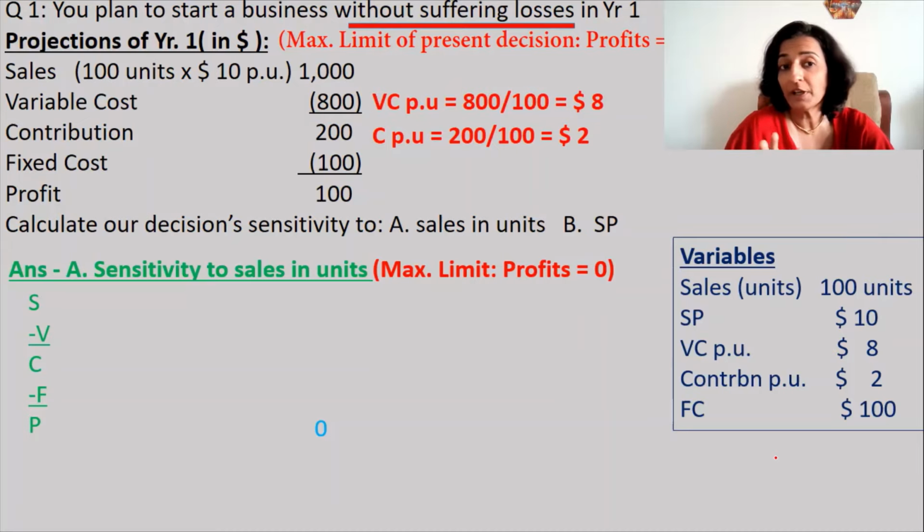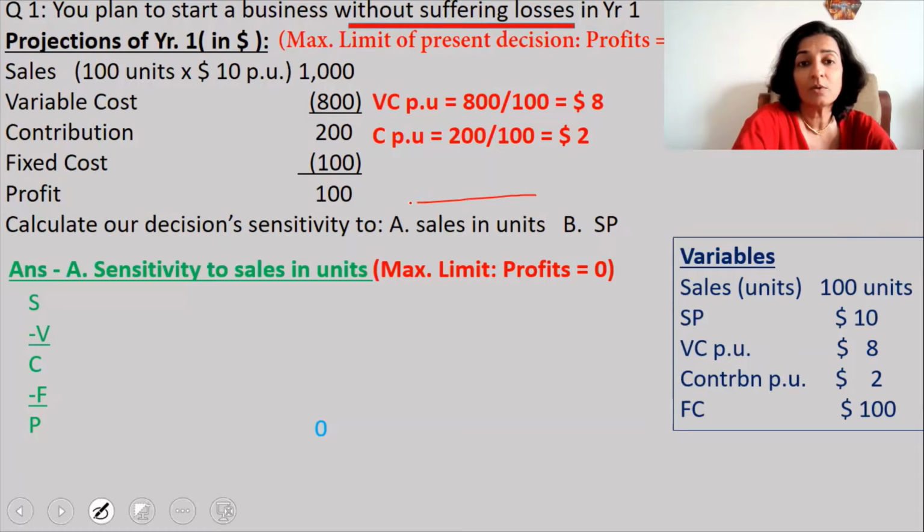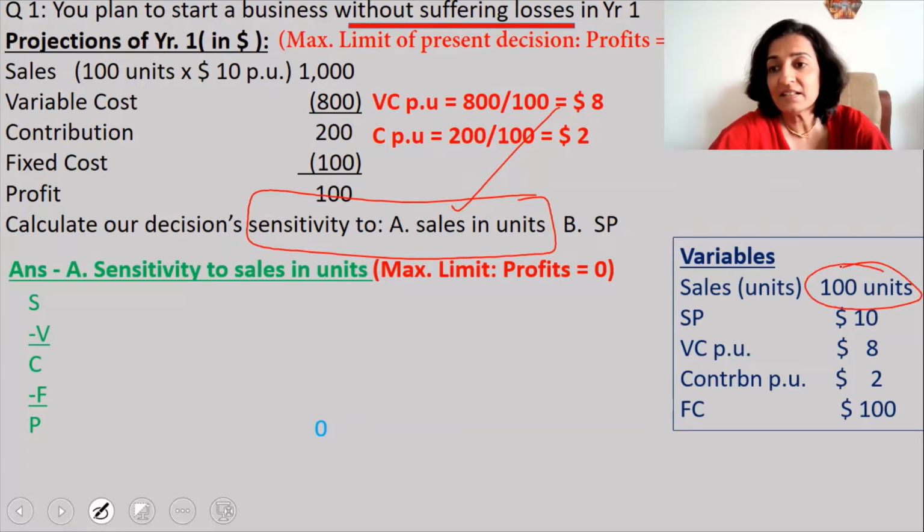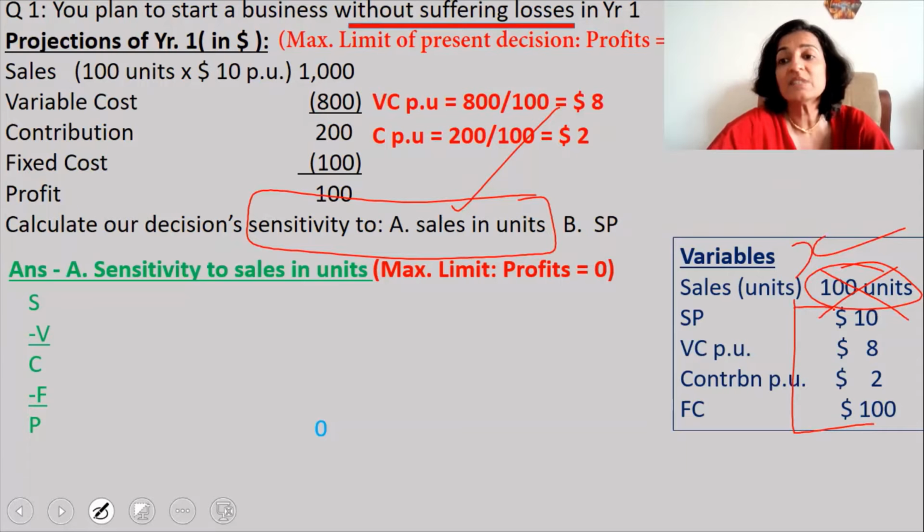Now, what are we trying to find out? We are trying to find out the sensitivity to sales in units. So I said in the features of sensitivity analysis that whenever we try to find out the sensitivity to a particular variable, only that variable will change. So in this case, the sales in units, we don't know. That is X. All the other variables will remain constant. It will not change. So we can substitute all the other variables into our basic format.